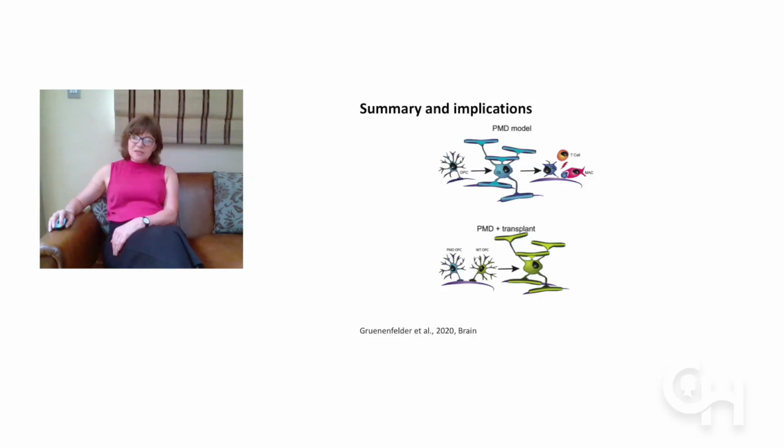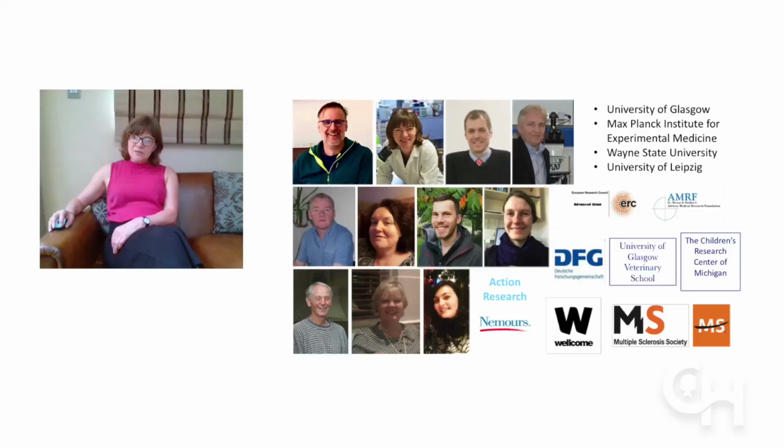If we transplant healthy neural precursor cells, shown here in green, they can outcompete the PMD OPCs, oligodendrocyte precursor cells, shown in blue, to form stable myelin sheaths. Neuroinflammation is also reduced.